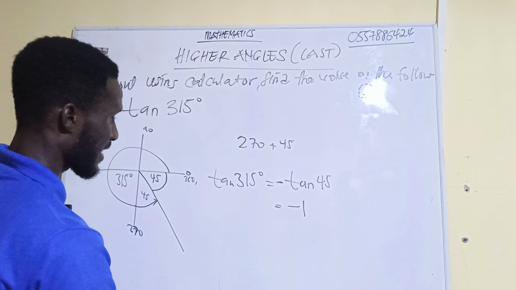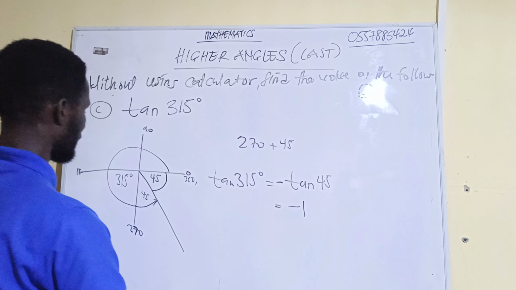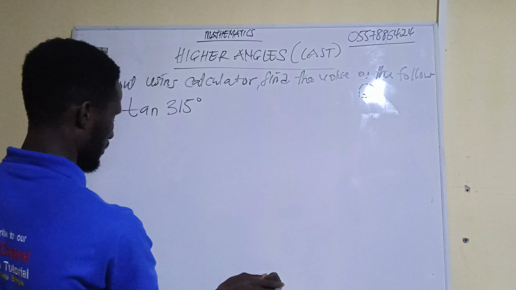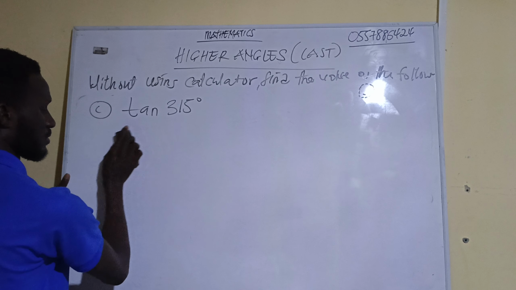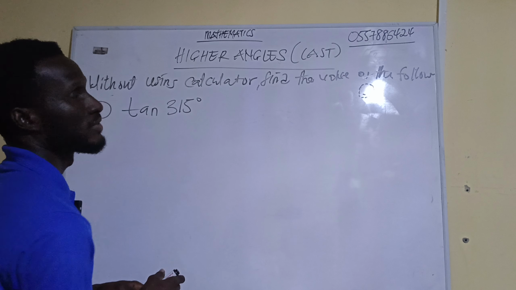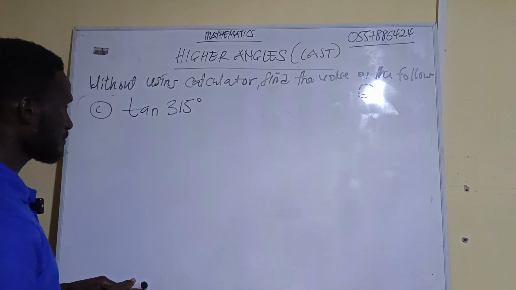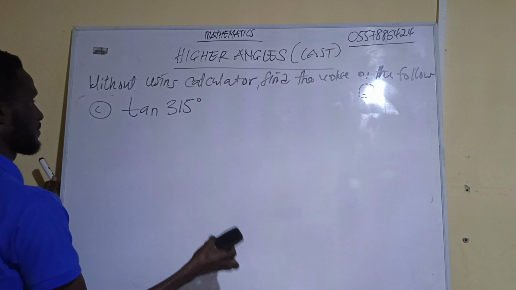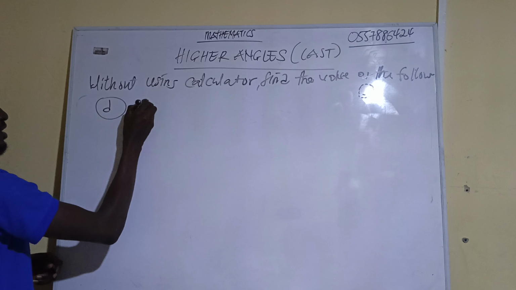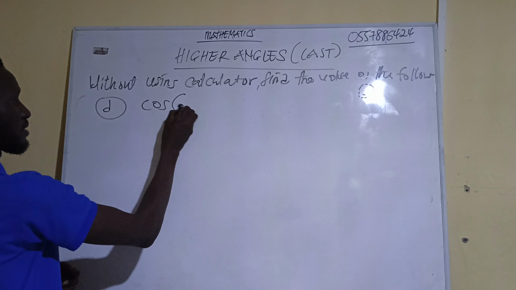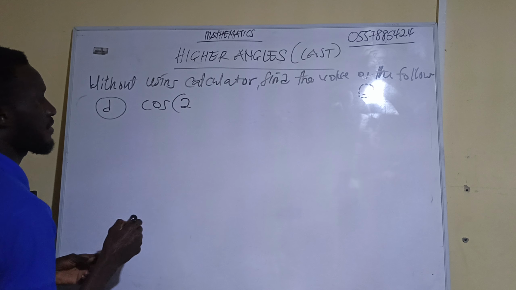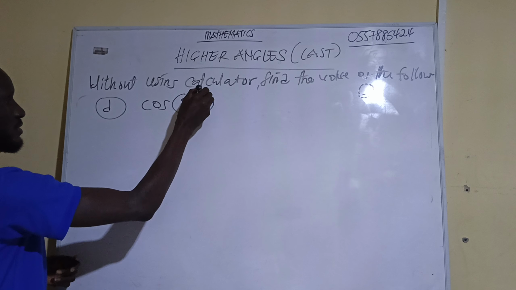Now, let's look at another one. Let me look at a very big angle. Now, D. Let me solve for cos 210 degrees.